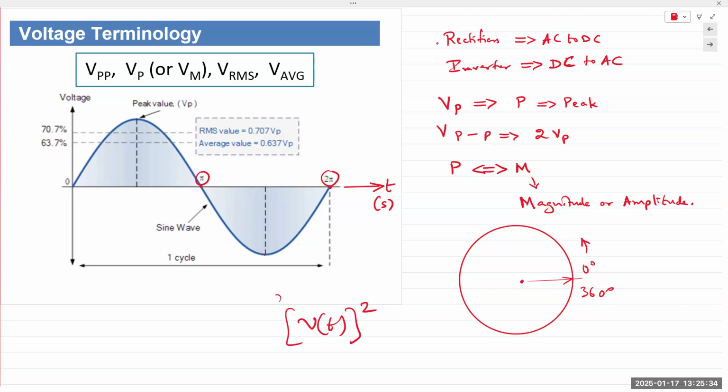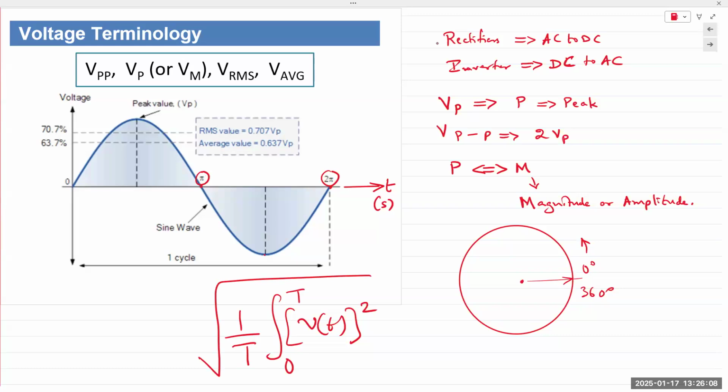So the average of the waveform would be you integrate it for one time period, 0 to T, divided by the number of samples, 1 over T. And because we squared the waveform at the first step, at the end, we will take a square root. And so it literally is the square root of the average of the square of the waveform. Root mean square. Literally is the root of the mean of the square of the waveform.